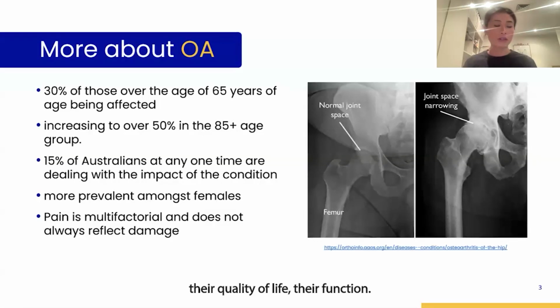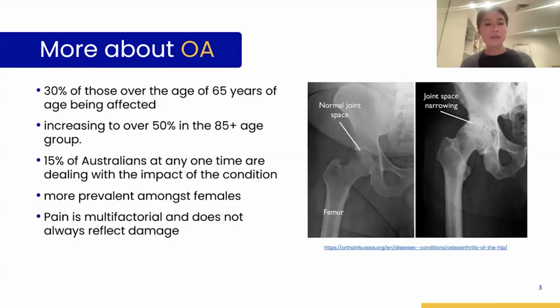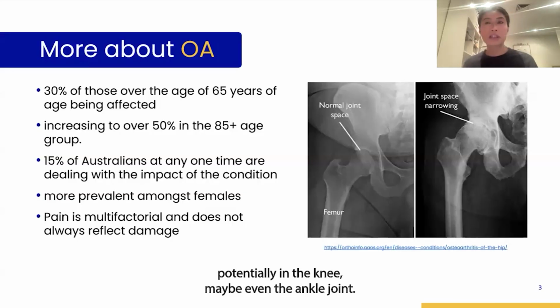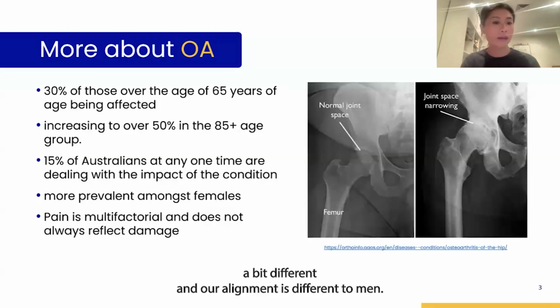So it might be affecting their quality of life, their function, they might be in pain. Unfortunately, osteoarthritis is more prevalent in females. Typically, I guess in the hip, potentially in the knee, maybe even the ankle joint, we see it definitely in females just because our body shape's a bit different and our alignment is different to men.